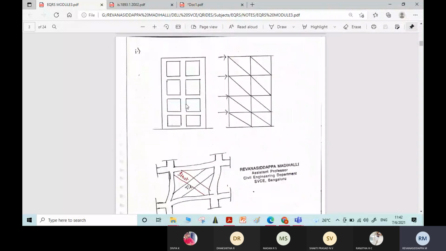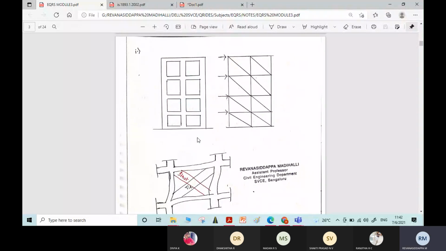These masonry walls play a vital role during an earthquake event in handling earthquake forces. Masonry walls are not fully advantageous for earthquake resistance. There are some disadvantages as well that we will see.